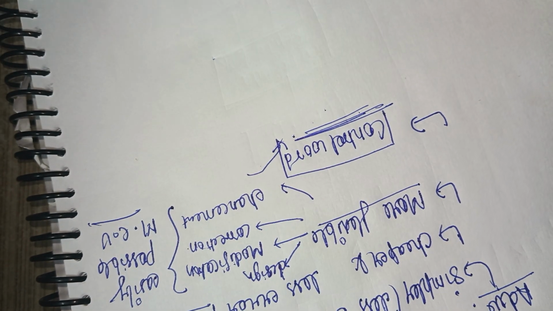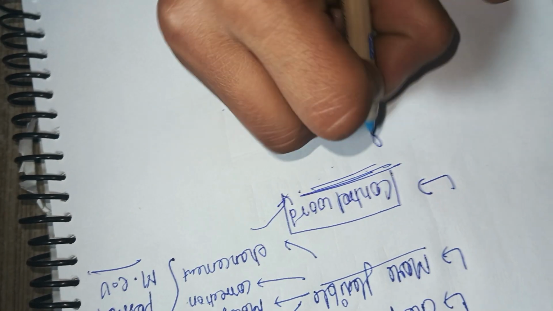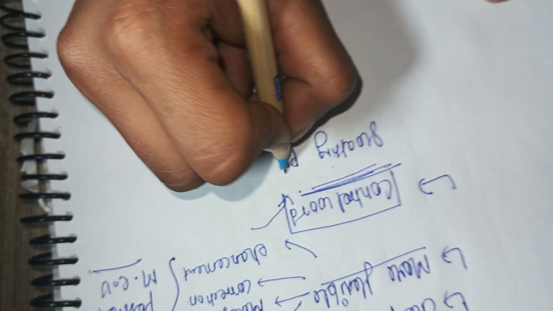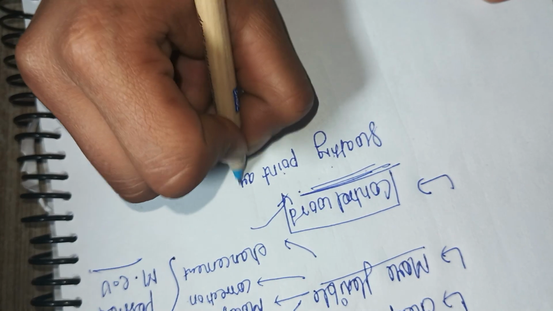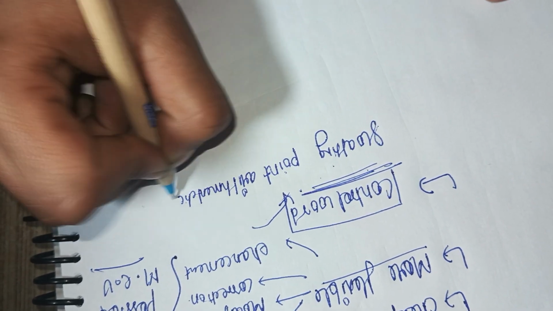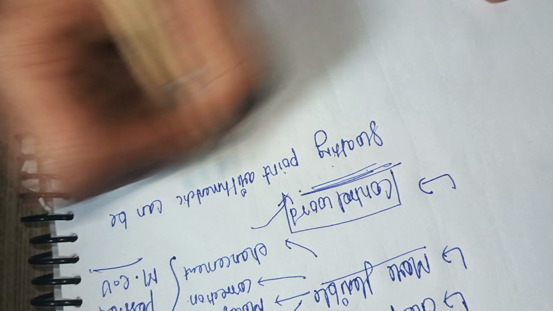And complex functions such as floating point numbers can be realized efficiently.